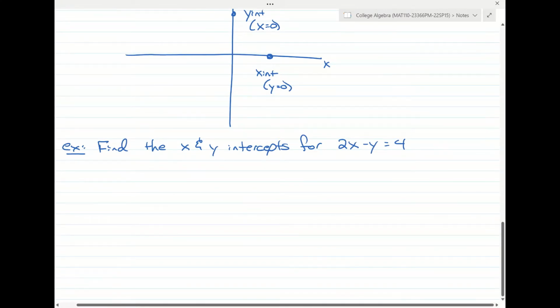Remember, they're always opposites. So if you want to find the x-intercept, you make y equal to 0. If you want to find the y-intercept, all you have to do is just put 0 in for x.